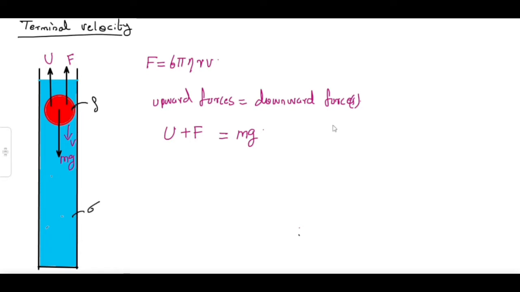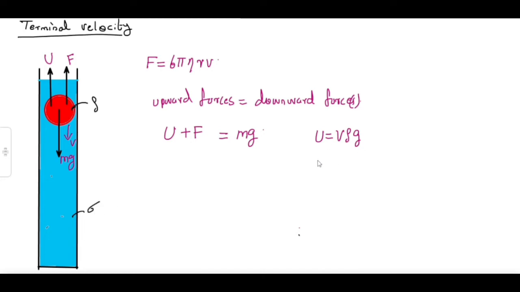The upthrust formula we have already learned. Upthrust U is equal to V rho g. This is a basic formula you learned here. But what is the upthrust? Upthrust is the force acting on the body by the fluid or by the liquid here. So in this case, the liquid density we have taken as sigma, right?